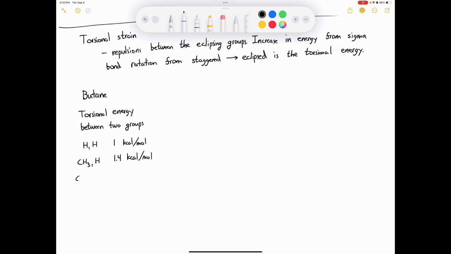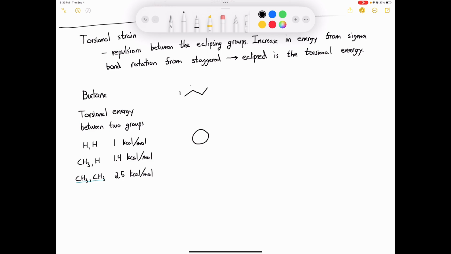And then if you have two CH3s interacting, it's going to be 2.5 kcal per mole. Okay, so let's look at an example going from staggered butane to eclipsed butane. In this case, we're looking down this bond.